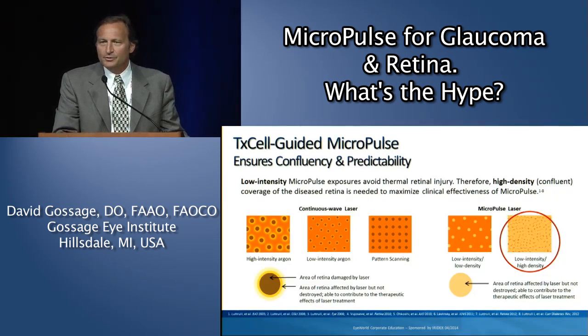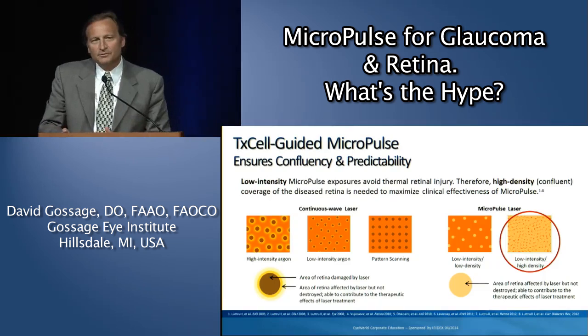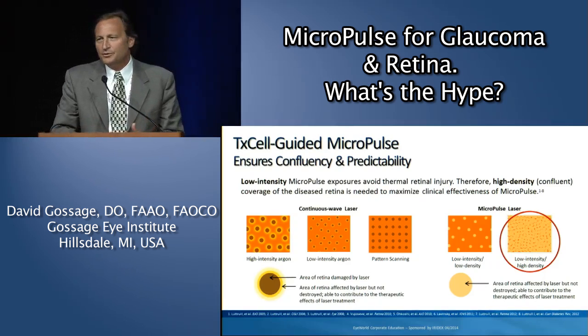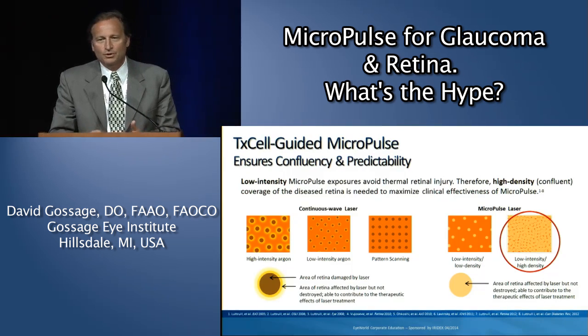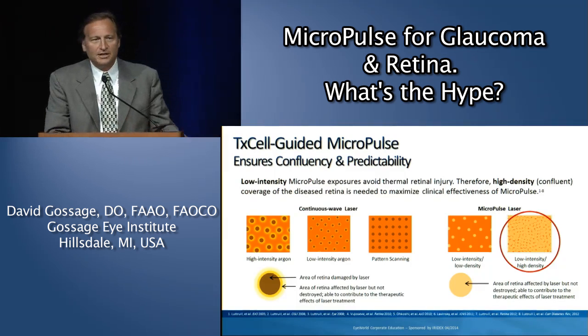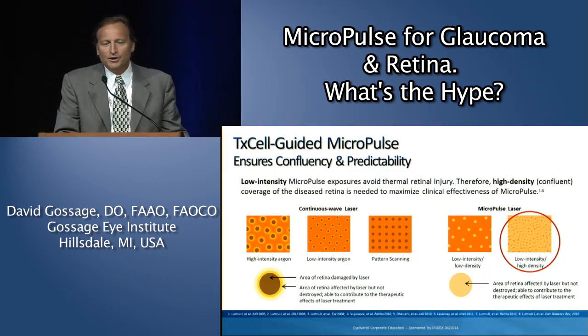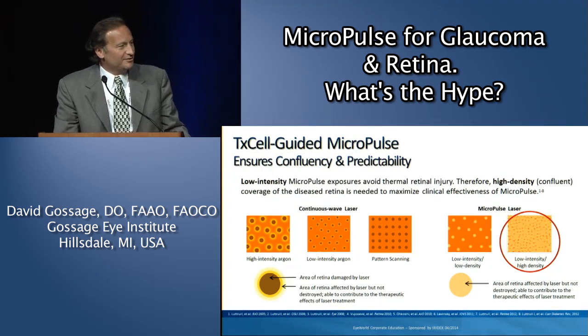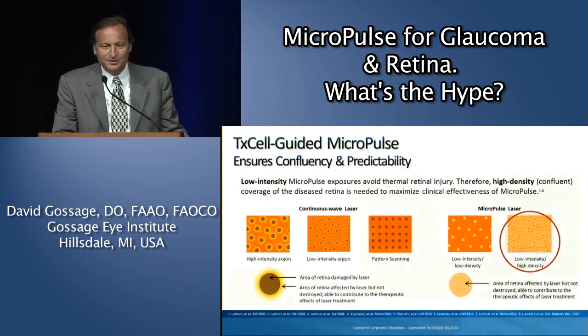And that's where we're really getting the therapeutic effect. So if you think about it for a moment, if we can create the therapeutic effect but not have the burn or the damage, wouldn't that be better? And that's really what MicroPulse technology is doing. If you look over on the far right of the screen, we see an area of high-density, low-intensity treatment, which is creating the biological effect we're looking for, basically decreasing the edema of the retina, but not creating the thermal damage. And it's a great technology, and I'm surprised this wasn't developed years ago.